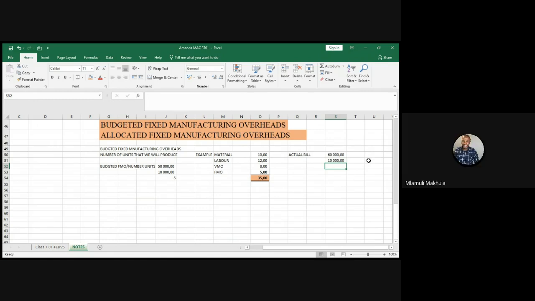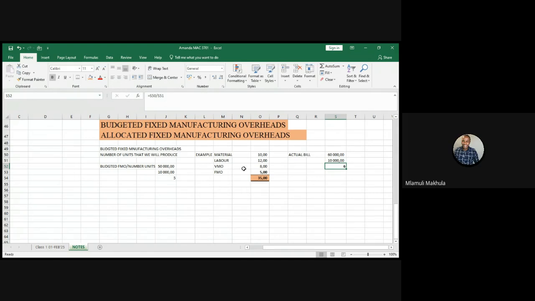So now your fixed manufacturing cost per unit is 60,000 divided by 10,000. Can you see your allocated is 5 rand? Your actual is how much? It's 6 rand. So what does it mean? It means when we're valuing our product, we under-allocated.